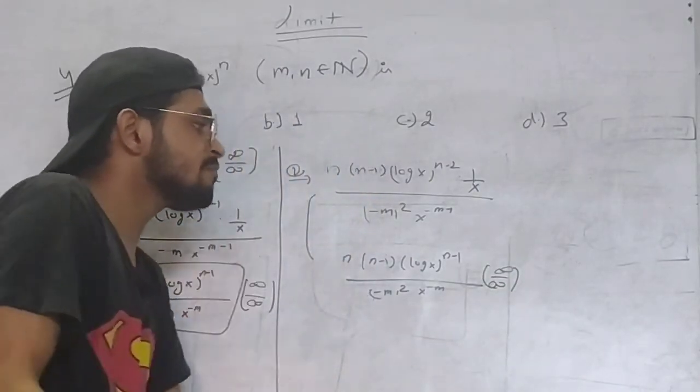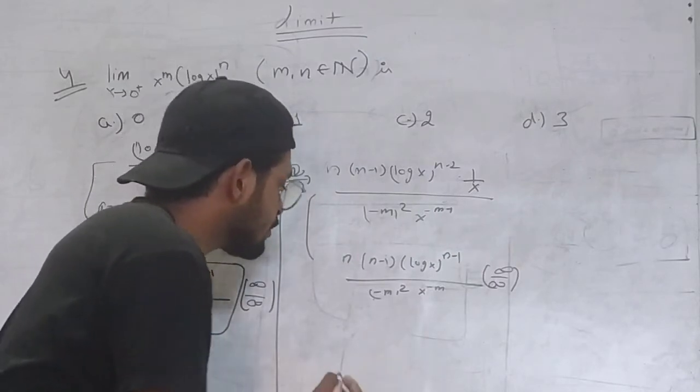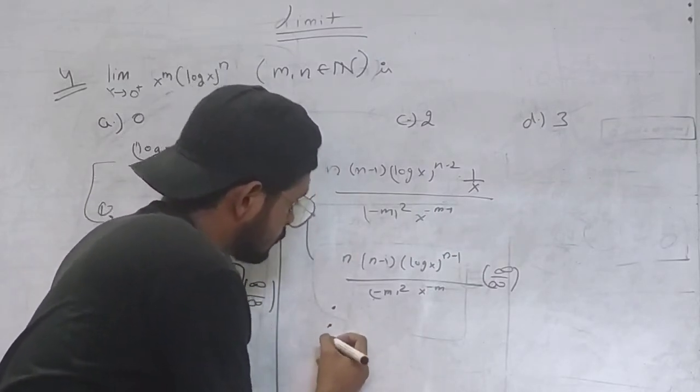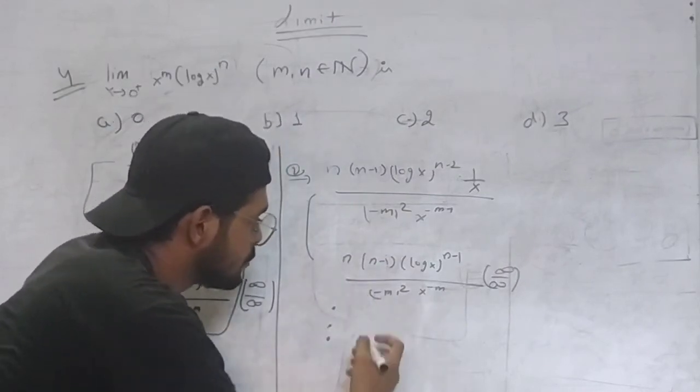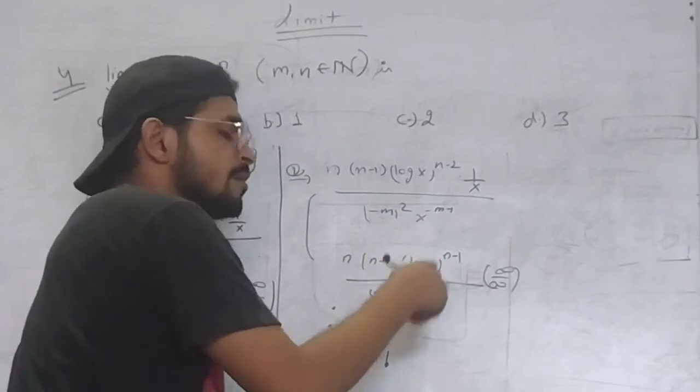If we go till the nth term, let's see how it will look. It will be n factorial, and the last term will be 1 by x.